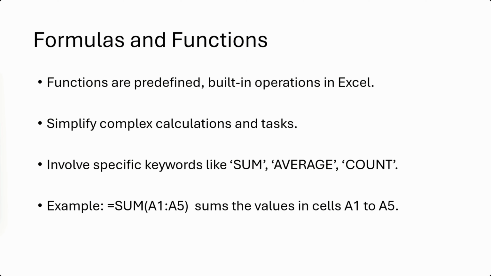An example will be the use of the sum function to sum the values in cells A1 to A5. Excel functions are available for data analysis, financial modeling, statistical analysis, and many other applications. They provide flexibility and power, enabling users to effectively manipulate and analyze data. With that in mind, let's explore some commonly used basic functions in Excel.